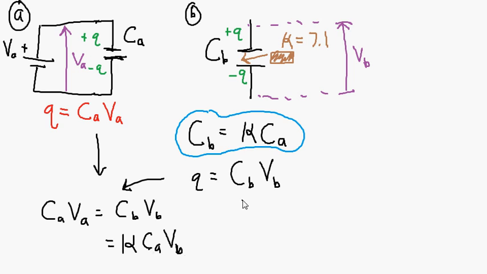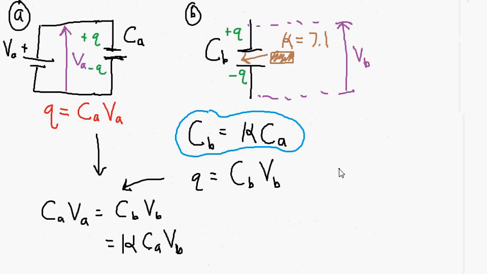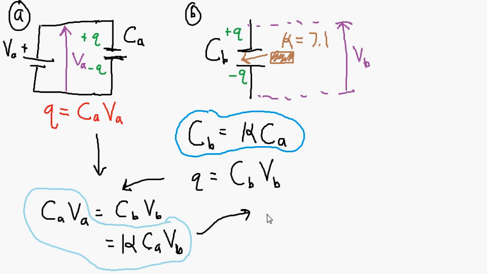What we probably wanted was VB, the potential difference across the plates after the battery is removed and the mica is placed between the plates. So we take this equation, which I am outlining in baby blue, and solve it for VB. VB equals kappa times CA.